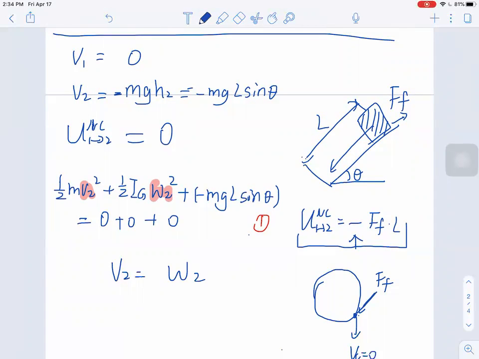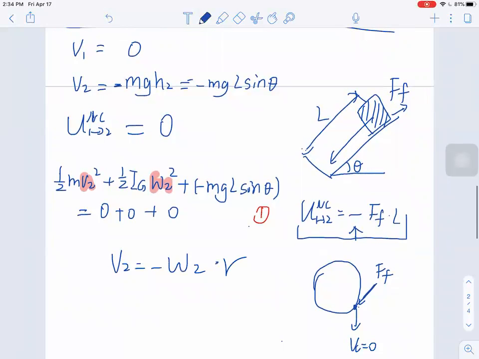V2, this is from chapter 2, equals negative omega 2 times the radius of this disk. Remember that?